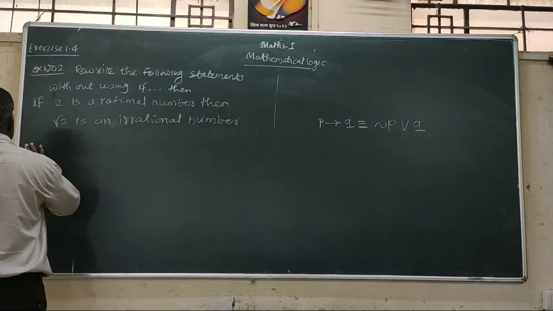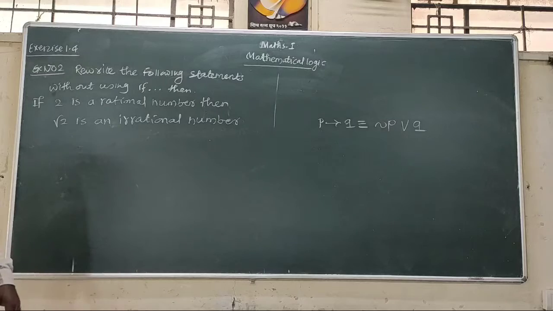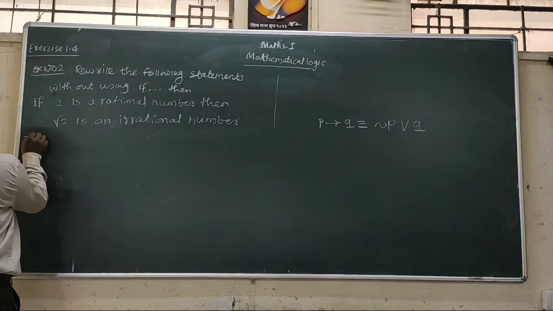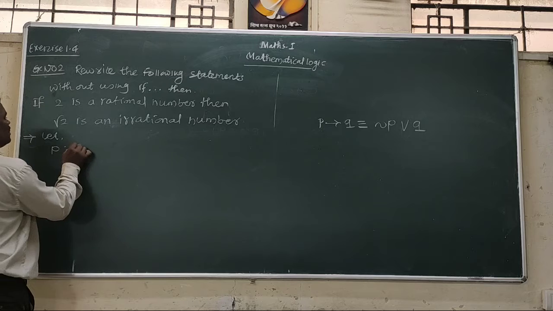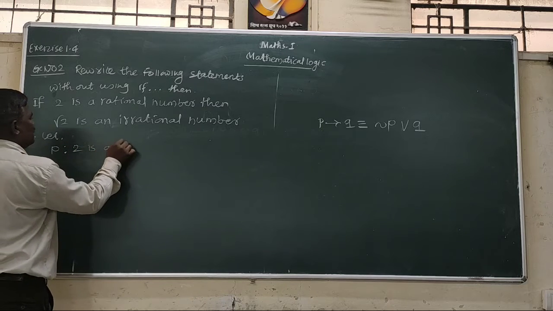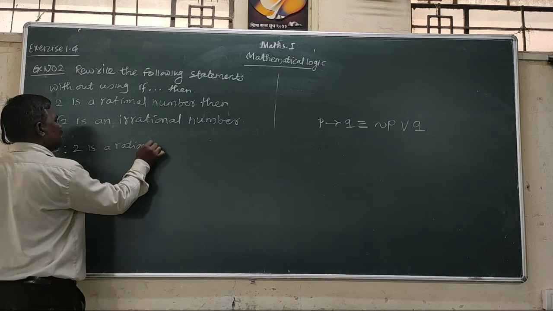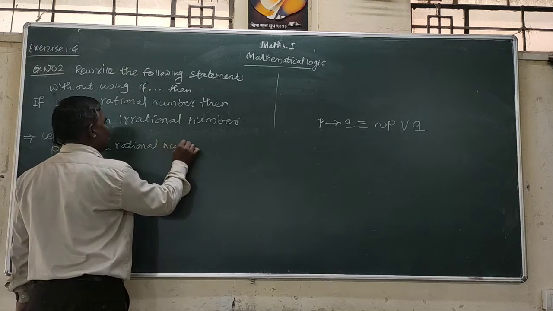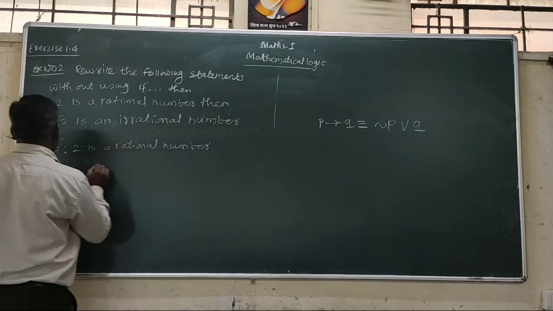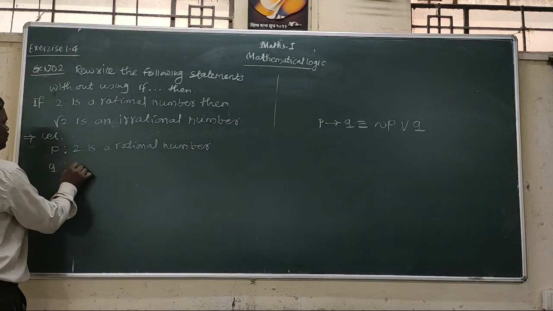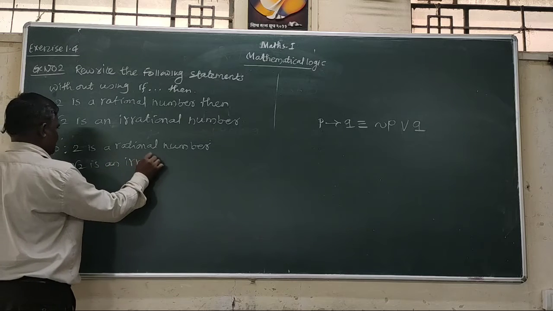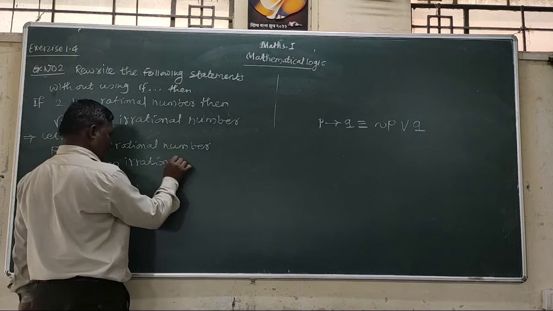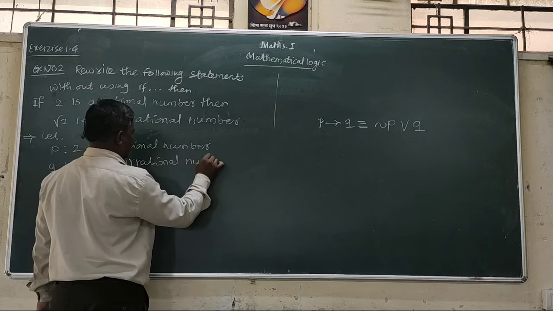Therefore, firstly, write this result in the symbolic form. The solution is: let P be 2 is a rational number, and Q be root 2 is an irrational number. Okay.